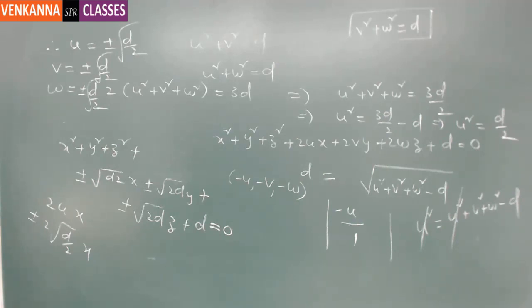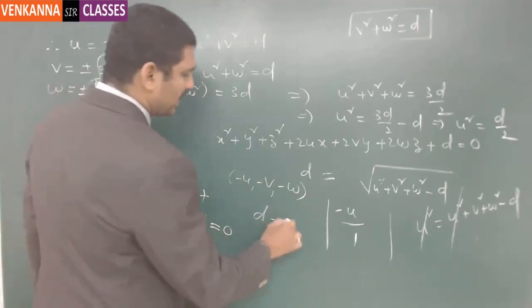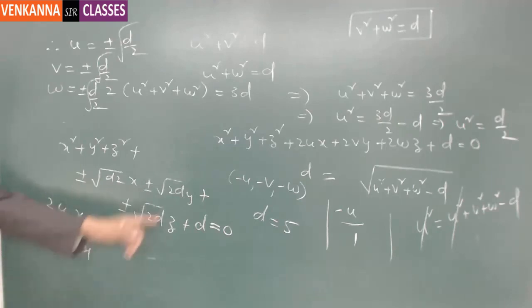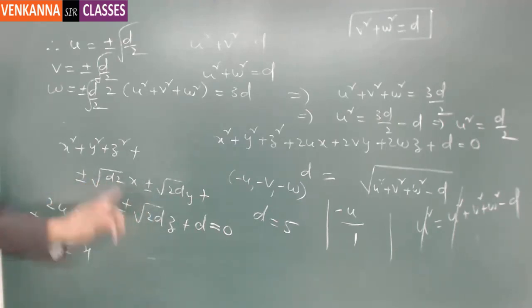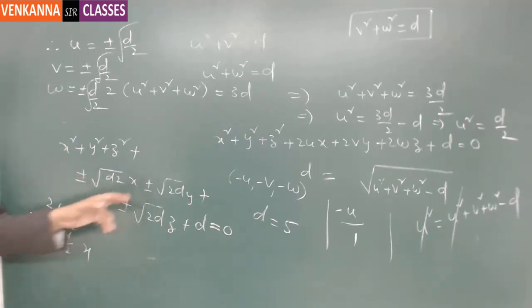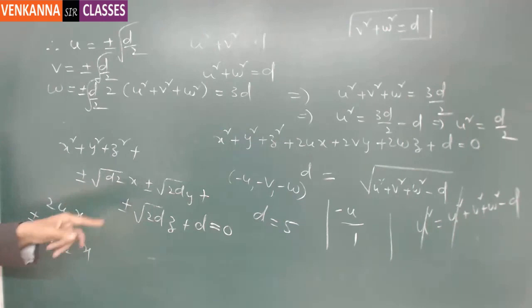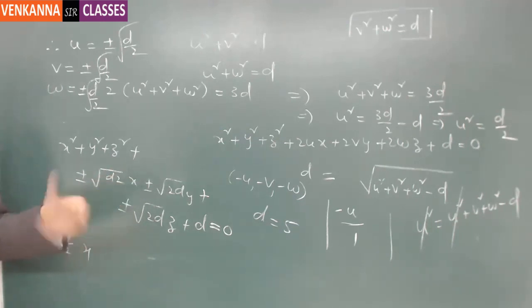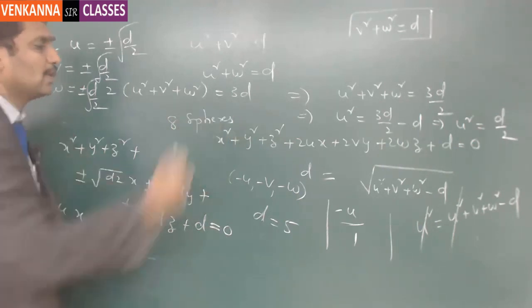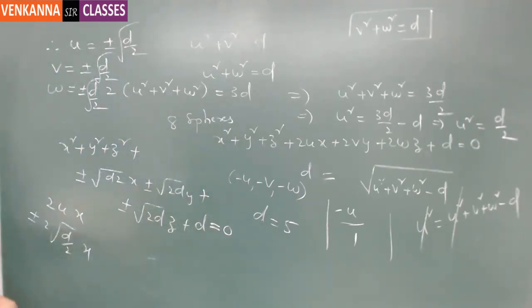Now, if you are interested, if you fix one single d value, let us say d is equal to 5 for convenience. Now what happens if you substitute d is equal to 5 here, since the equation contains plus or minus symbols? By varying plus or minus, you will get 8 spheres. So you take d is equal to 5. The value of d is fixed.